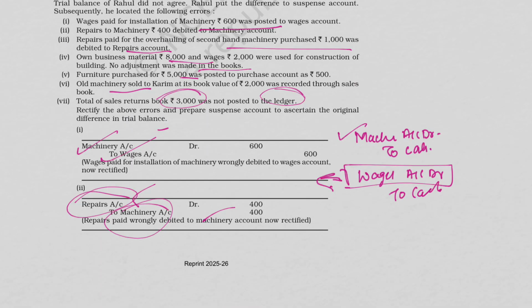Then we have old machinery sold to Kareem at its book value of 2000 was recorded through the sales book. So machine was sold. We have shown it as sales. So basically there's an excess. Kareem we have debited to sales. Correct entry.